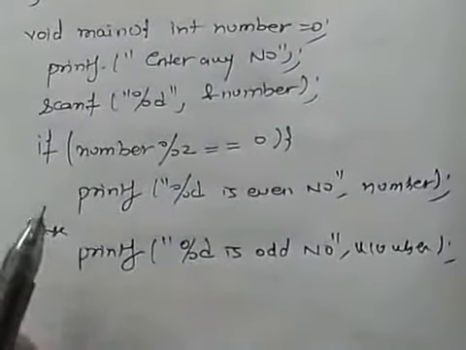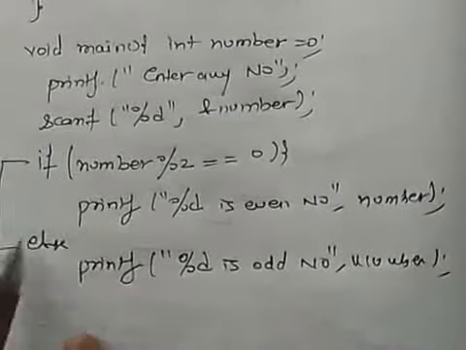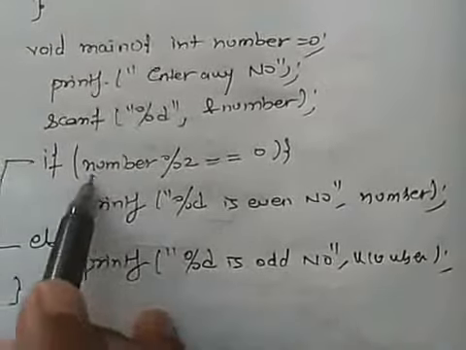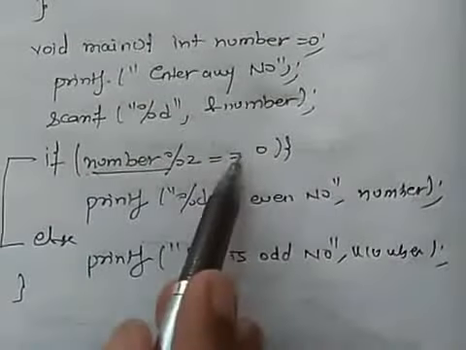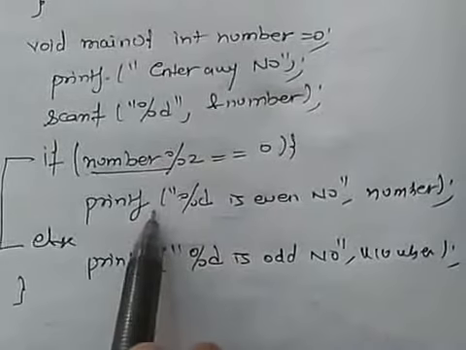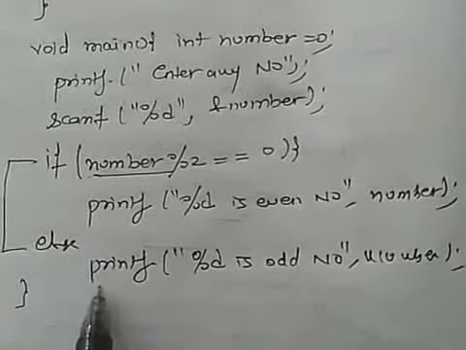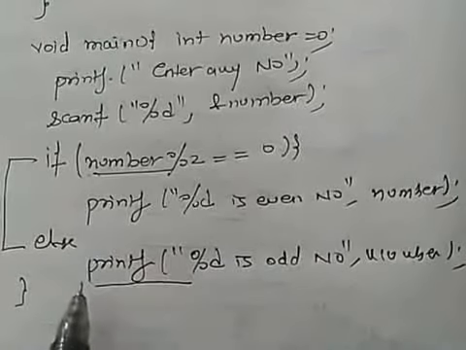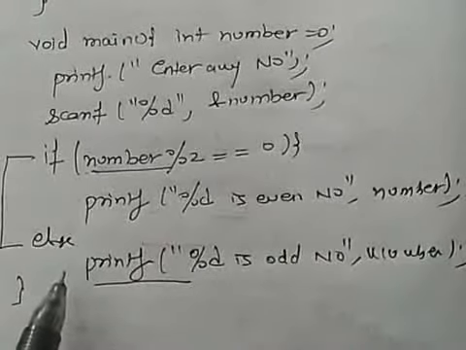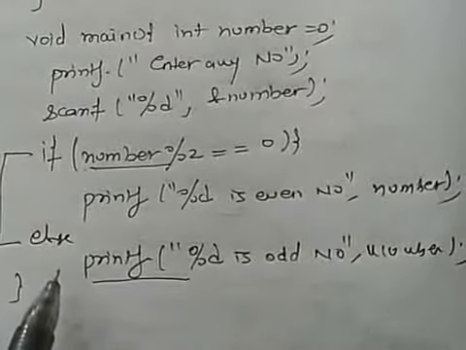So you have seen here we have used these statements. If the condition is true, then this statement is executed, and if the condition is false, this statement is executed. So this is the if-else statement.